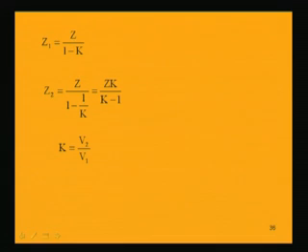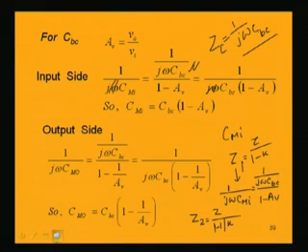So, putting that here, Z2 means 1 by j omega CMO, CMO we are going to find out, that is equal to 1 by j omega CBC divided by 1 minus 1 by k, k is AV. So, from this we can cancel out. So, what is CMO? Equal to CBC into 1 minus 1 by AV.